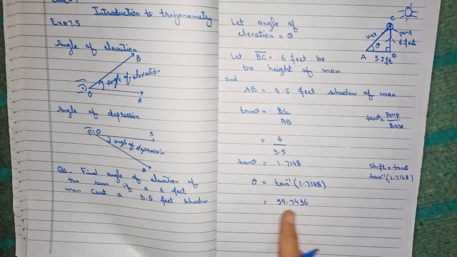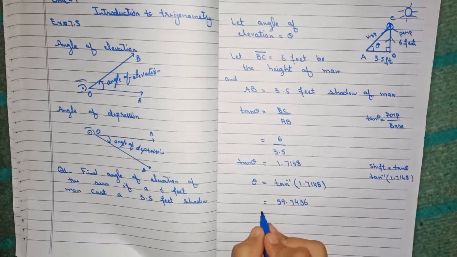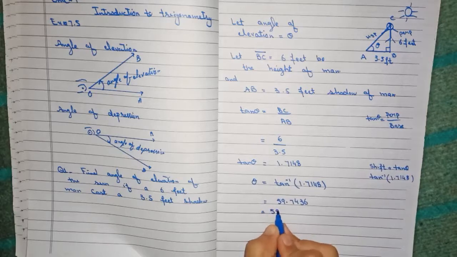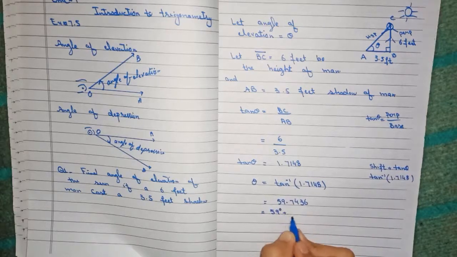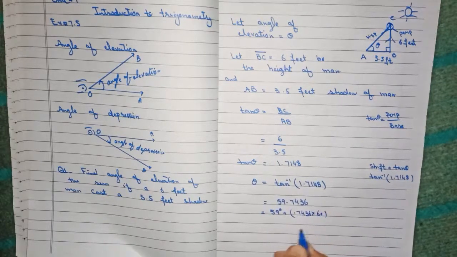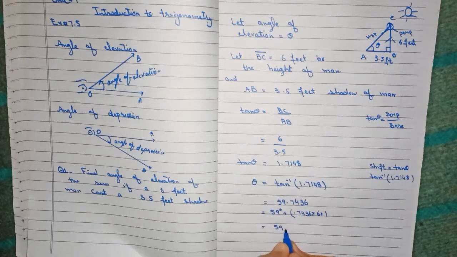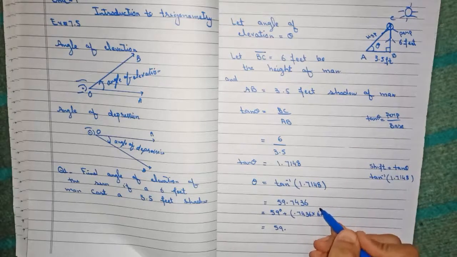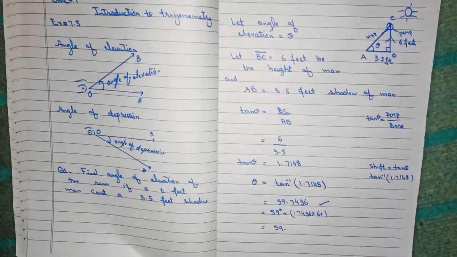It is in decimal form. We must know about degrees, minutes and seconds. So 59 is the degree, plus multiplying 0.7436 by 60 you will get the minutes.